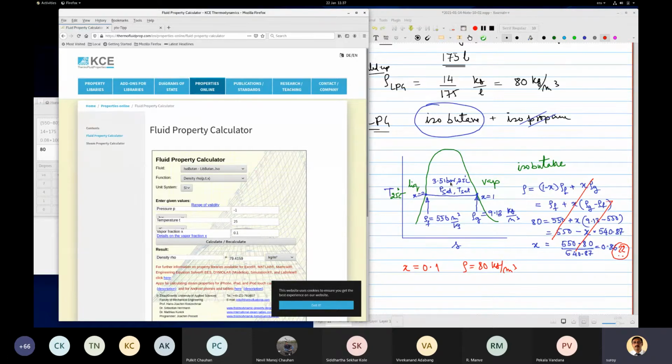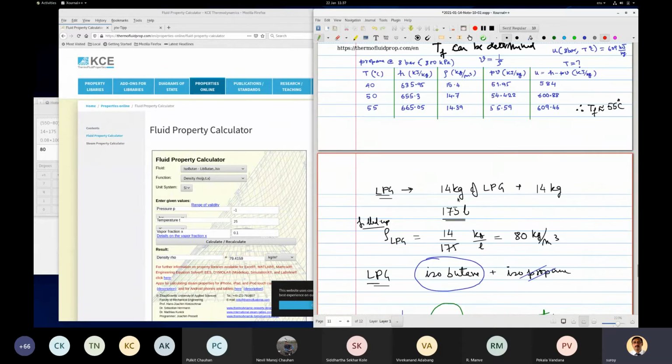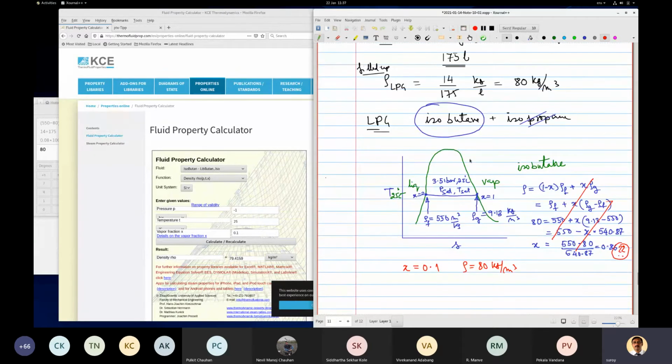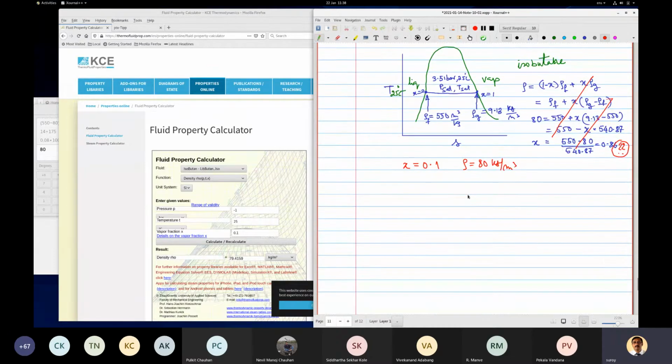You can do this problem for a real LPG gas, where you can have a heater at 10 bar pressure, 25 degrees centigrade, and you can heat it up. If we fill up this tank using the heater, let us see what will happen. Let us do it quickly.